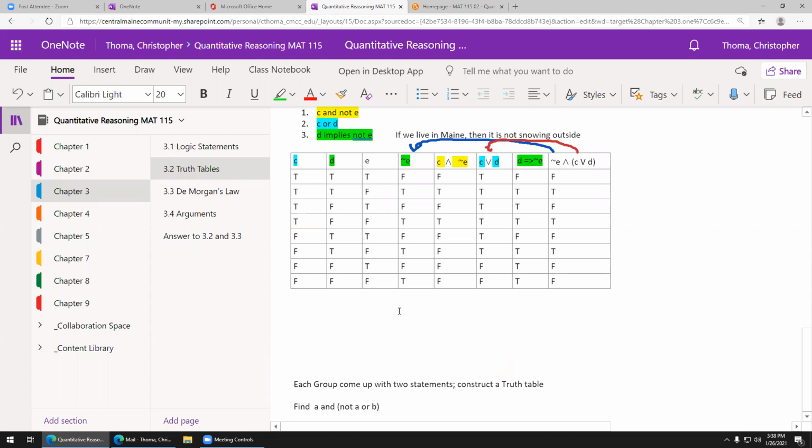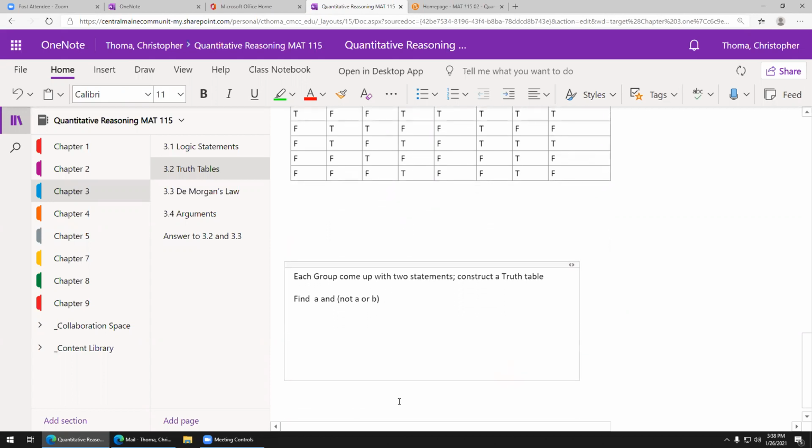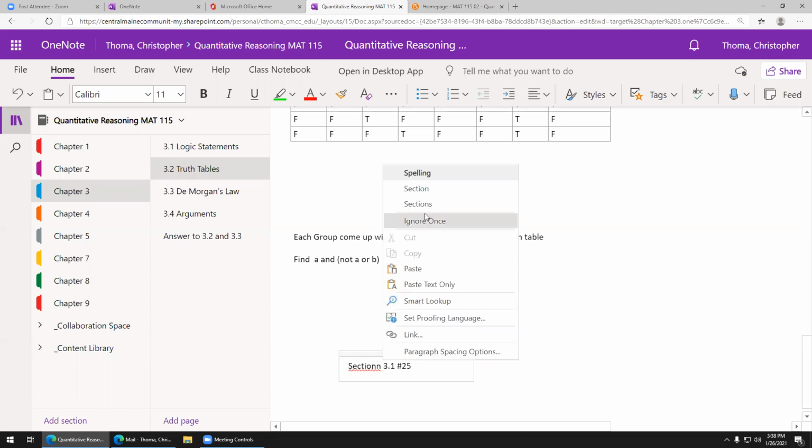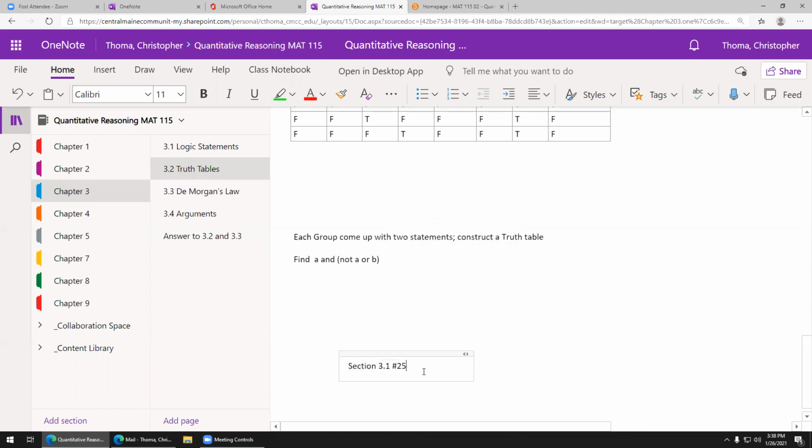All right, so let's see, where can I put this? We'll go below this. Great, there we go. So section 3.1, what it wants us to do for number 25.